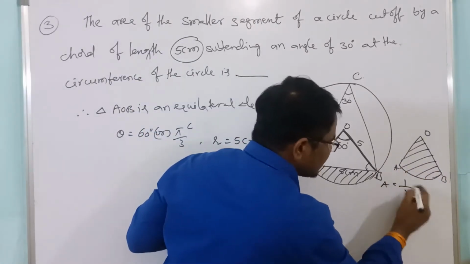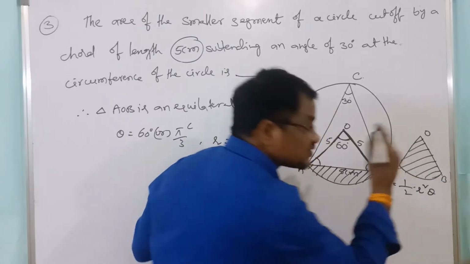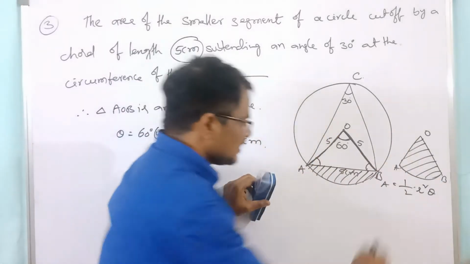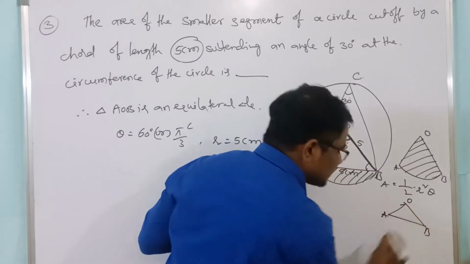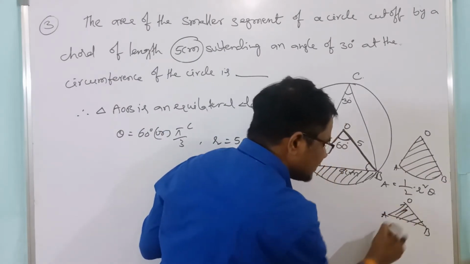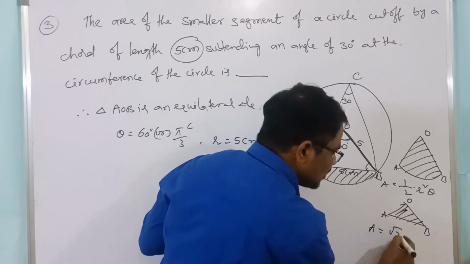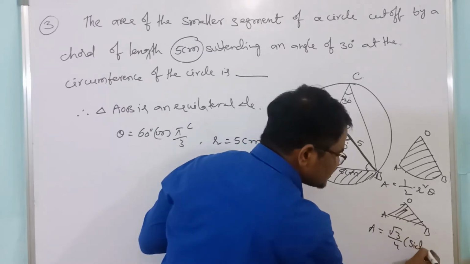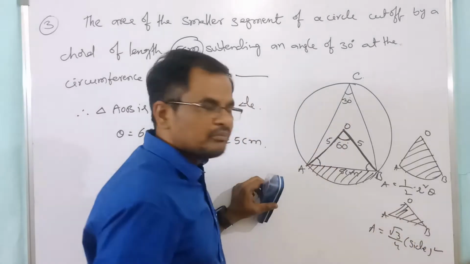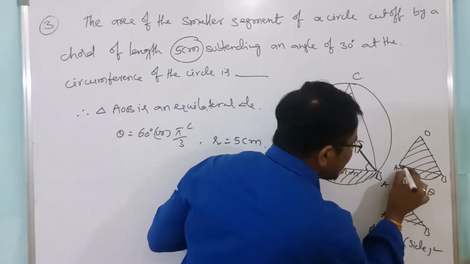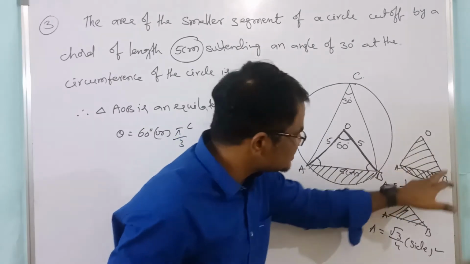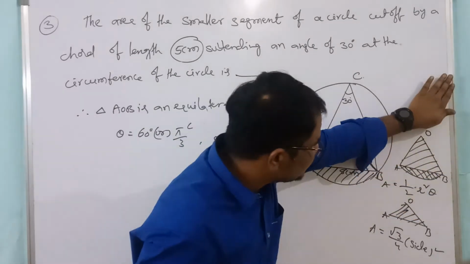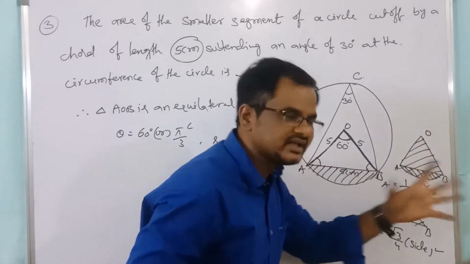We know that A equals 1 by 2 r square theta. Next, this is the area of the triangle OAB, an equilateral triangle. What is the area of the equilateral triangle? A equals root 3 by 4 into side square. But what you want is this area only. Means area of the sector minus area of the equilateral triangle, that is the small area you will get.